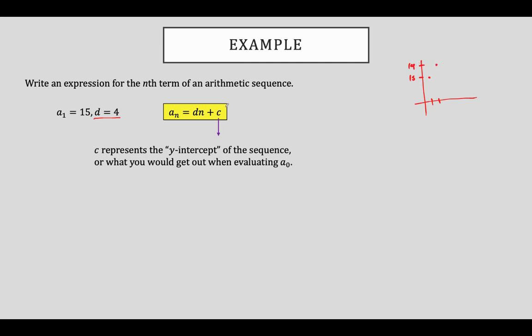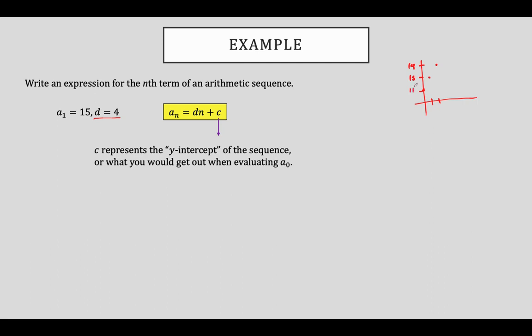Well, if c represents the y-intercept, all we actually have to do is find what the 0th term would be by going backwards in this line. Instead of going to the right 1 unit and up 4, we are going to go to the left 1 unit and down 4. And the 0th term would be right here. Notice if I subtract 4, 15 minus 4 gives me 11.